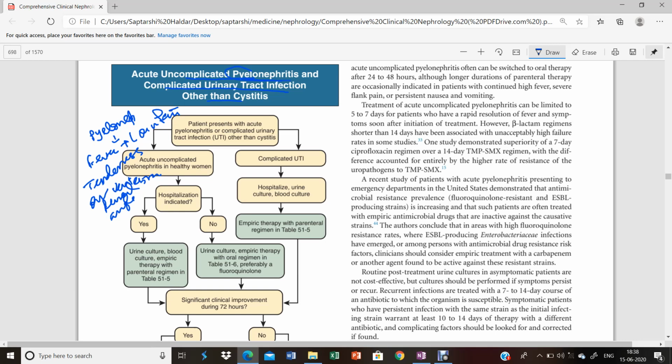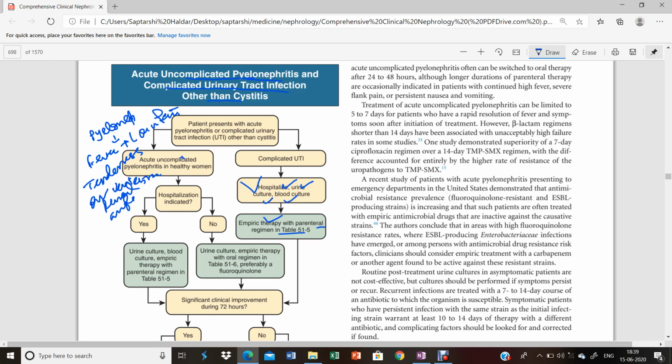Then we will divide the patient by whether the patient is complicated or not. If it is a complicated UTI, then we should hospitalize the patient, do a urine culture and a blood culture, and start empirical therapy with a parenteral regimen.